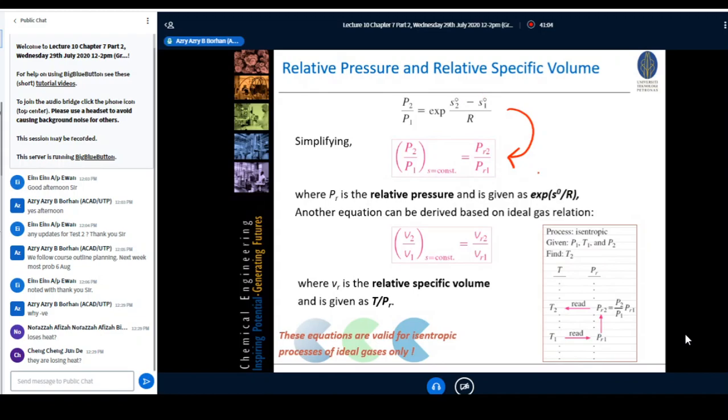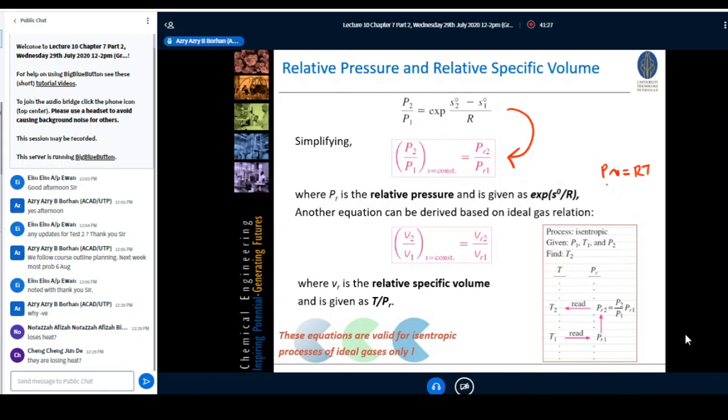Now, instead of having the pressure ratio, we can also express this equation in terms of the specific volume ratio. To get this, you make use of Pv equals RT.